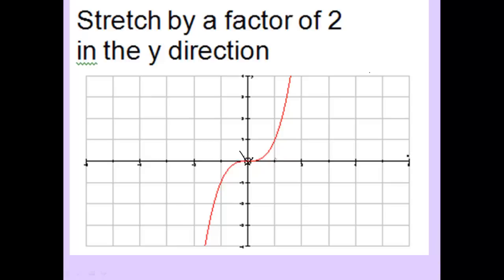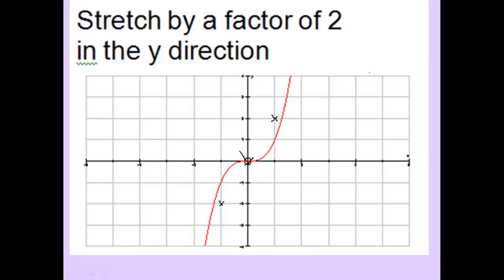But this point here with a Y value of 1 will go to 2. So where X is 1, instead of going 1, 1, it now goes to 1, 2. Here where we've got minus 1, we double, so minus 1 times 2 gives us minus 2. And in actual fact, we double the distance of all of our y values.